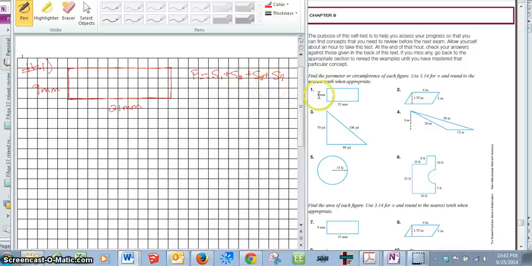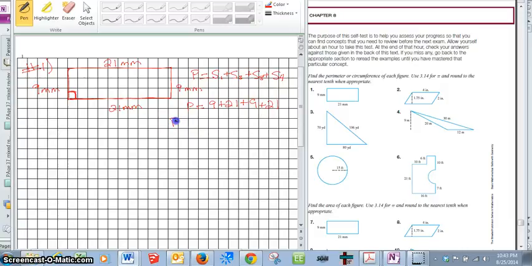We're looking at a rectangle in exercise number 1. We can make labels on the opposite sides of the figure, and perimeter will be 9 plus 21 plus 9 plus 21.